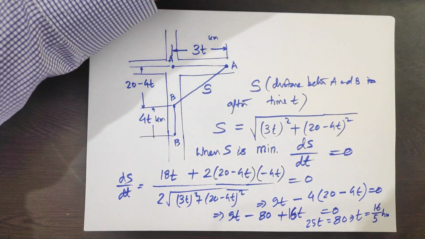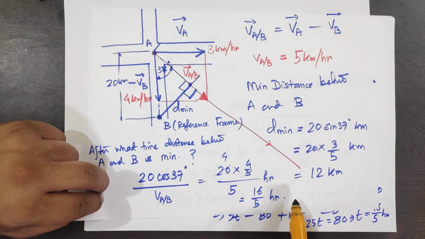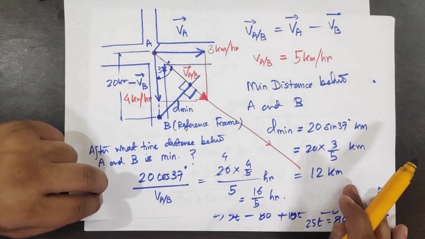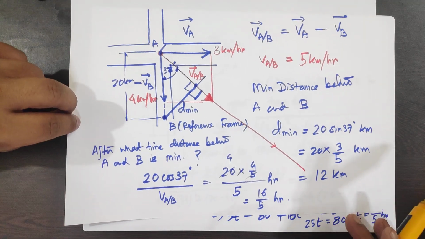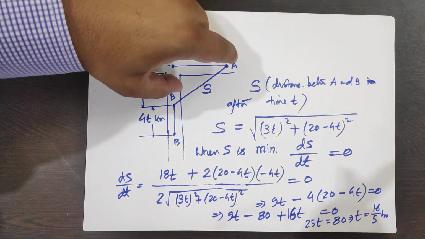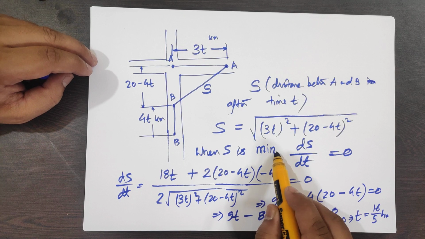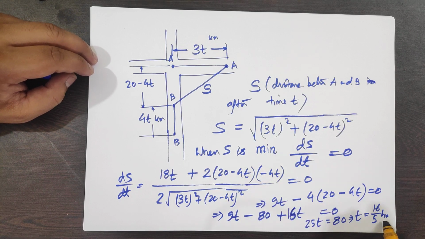So here we have got the same answer by this method as by the relative velocity method, if you have to calculate the time after which the distance between A and B is minimum. By this approach of calculus, maxima and minima, we get t equal to 16 by 5 hour.